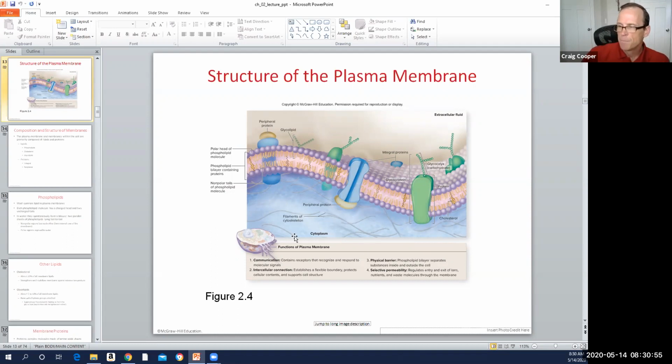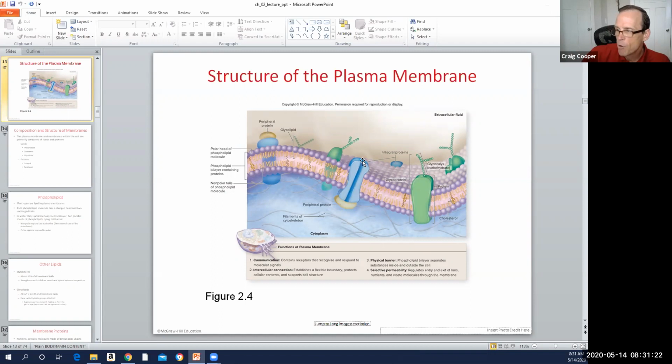If we start developing too much of a certain ion on the inside of the cell, and we need to rebalance things to keep the inside of the cell at the right concentration, then we will have something bind to that peripheral protein on the inside of the cell that will then trigger that gate to open up. And now we can let things flow out of the cell, or actively pump them out of the cell by using some energy.